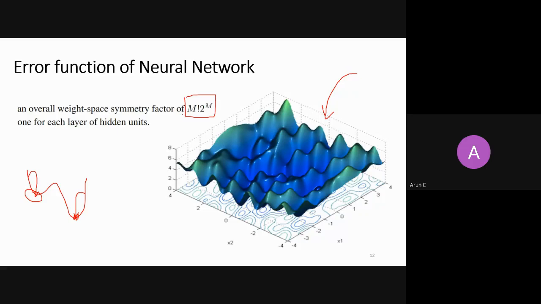Why is it so? Let's say I have a hidden layer. In this hidden layer, I have two nodes, right? If I'm using the tanh function, what does it do? I feed two edges here and one output edge there. If I multiply all the weights with a negative on both sides, right?